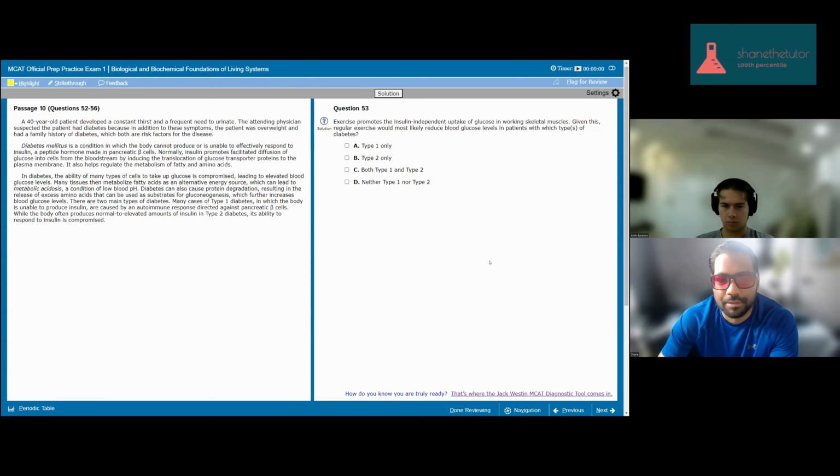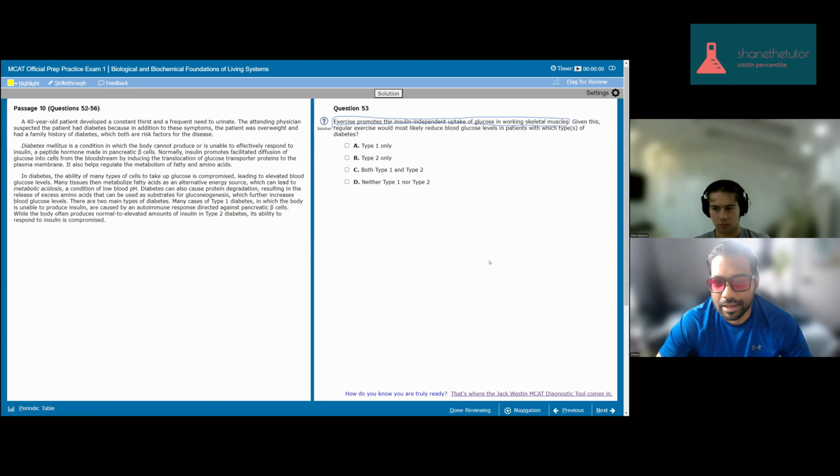So you're saying it's for both? Because this is saying the same thing as if this wasn't there. It's basically just saying exercise causes glucose uptake in general, and that it does not require insulin for that.